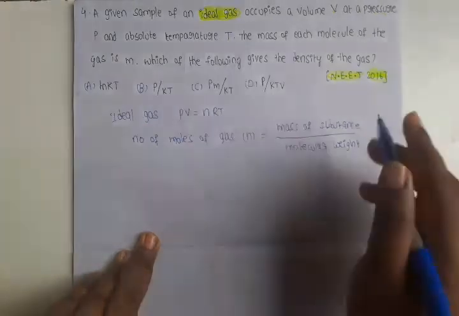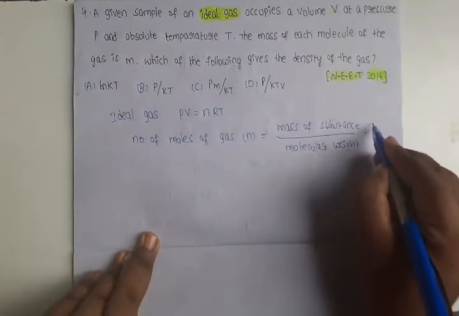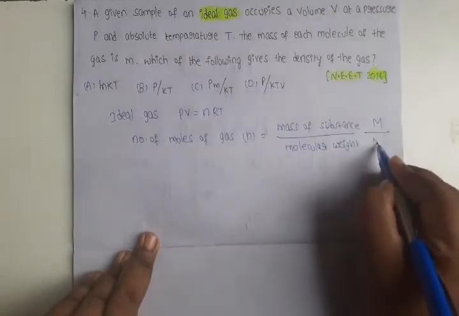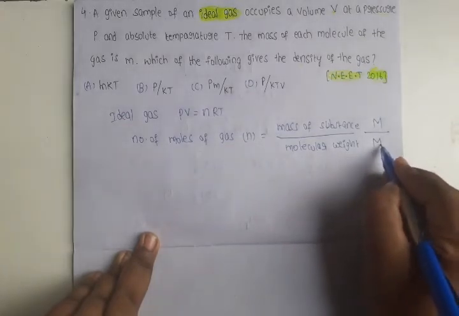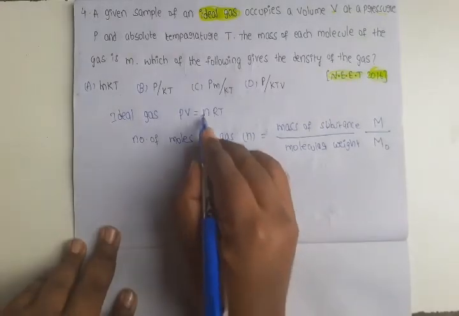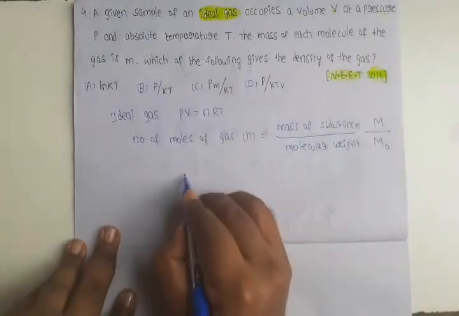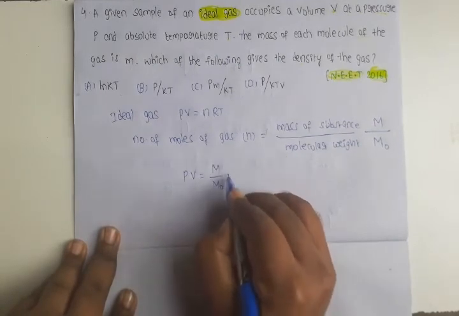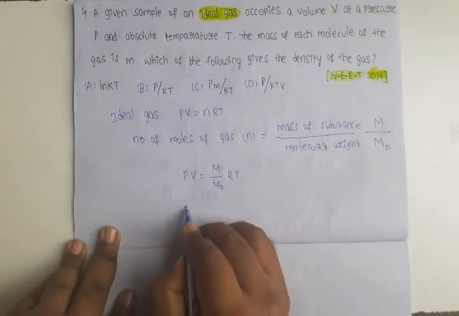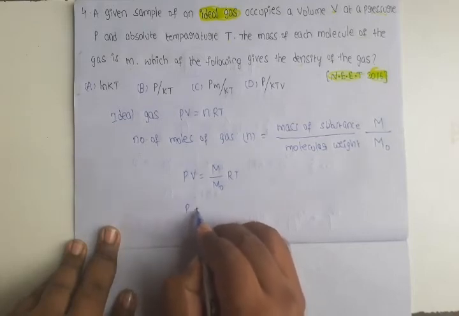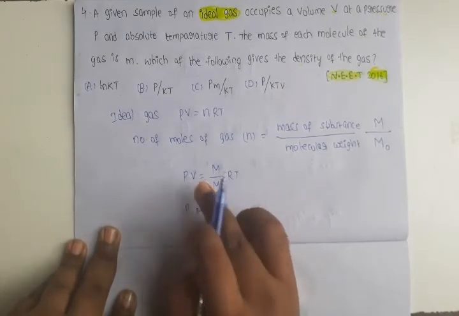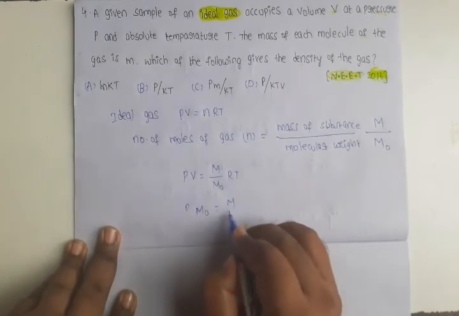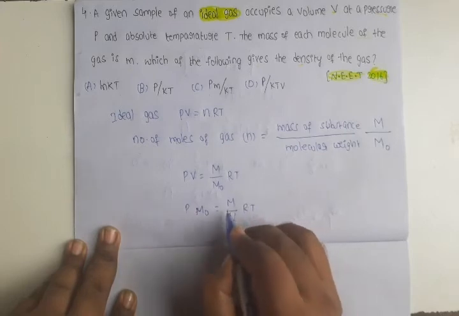So mass of the substance I am taking as m and molecular weight I am taking as m naught. Substituting n equal to m by m naught, PV equal to m by m naught into RT. Rearranging the terms, P into m naught equal to m by V into RT.